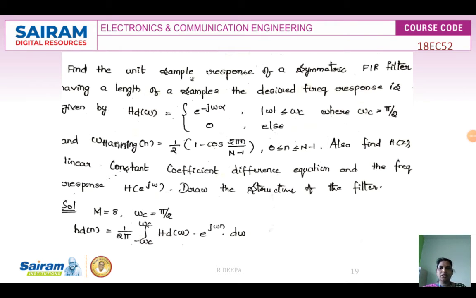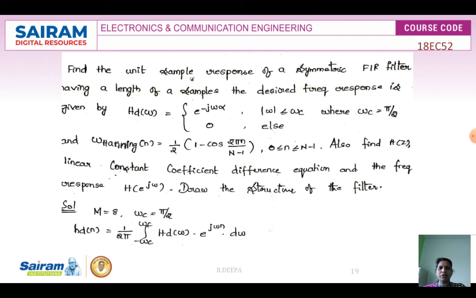So let us continue with the next problem statement. Find the unit sample response of a symmetric FIR filter having a length of samples, the desired frequency response, which is given as hd of omega is equal to e power of minus j omega into alpha for modulus of omega less than or equal to omega c, and it is 0 otherwise, whereas omega c is given as pi by 2, and wh of n is given as 1 by 2 into 1 minus cos 2 pi n by N minus 1 for n ranging from 0 to N minus 1.